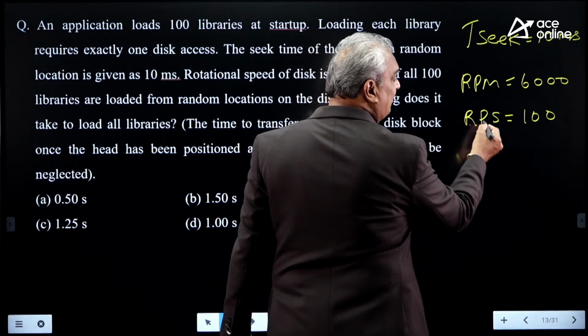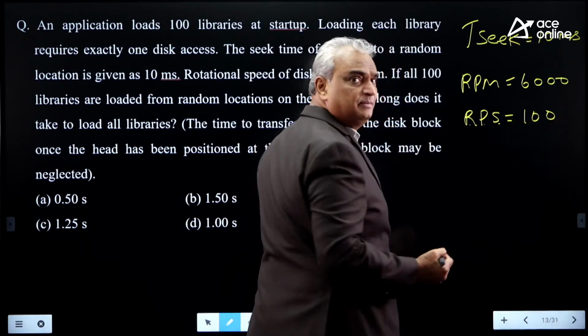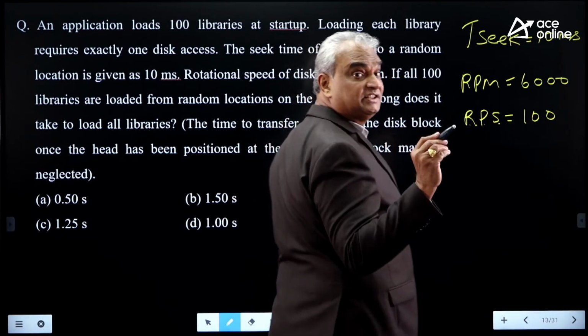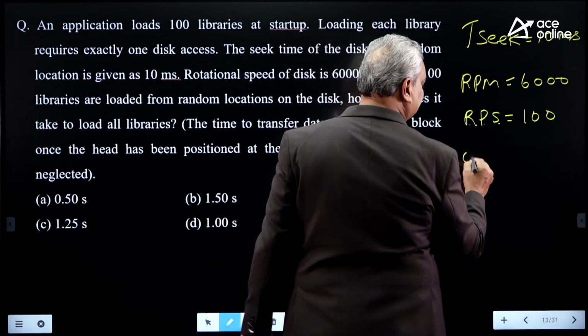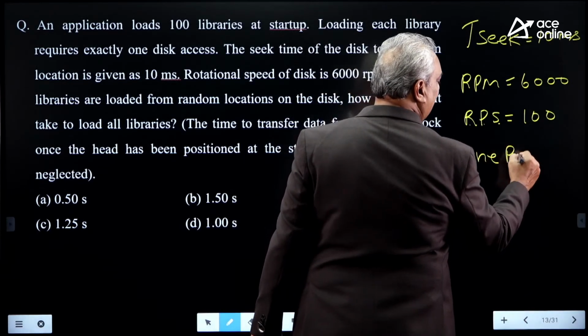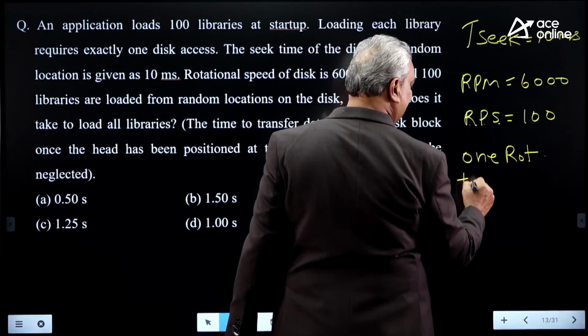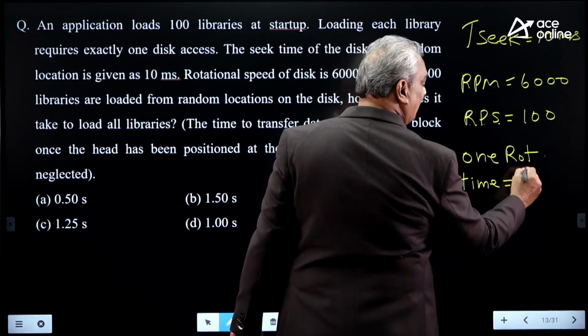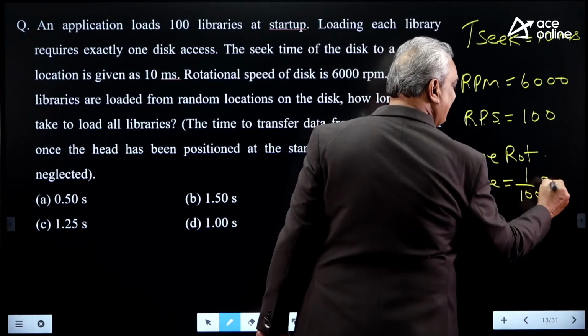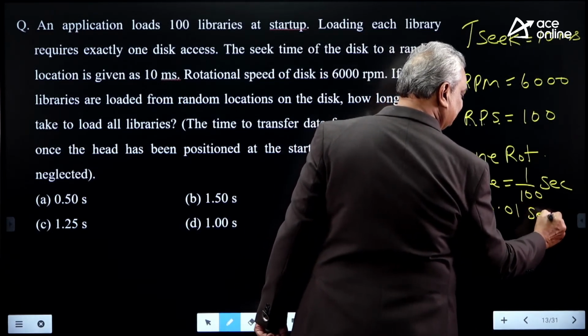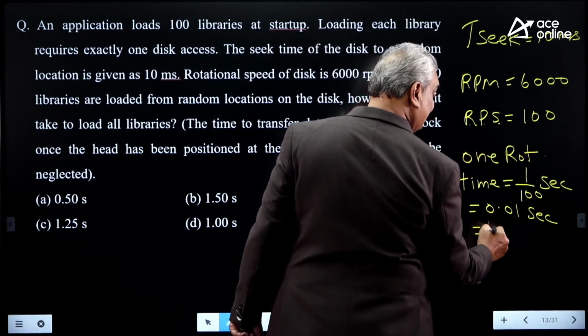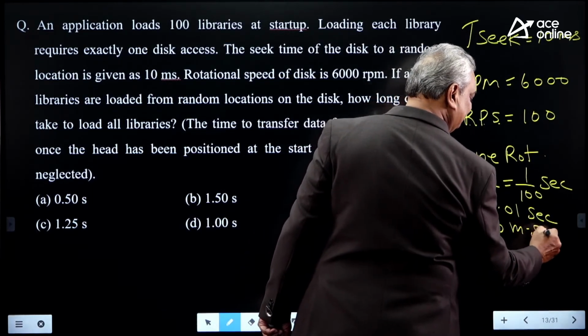Here, the number of rotations per second is nothing but 100. 100 rotations require 1 second. What is one rotation time? One rotation time is nothing but 1 by 100 second, which is nothing but 0.01 second. Nothing but 10 millisecond.